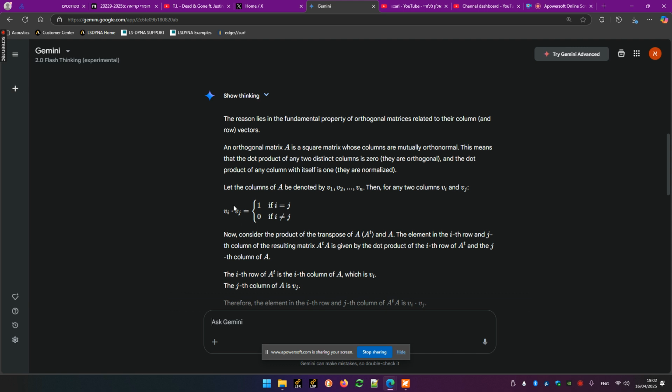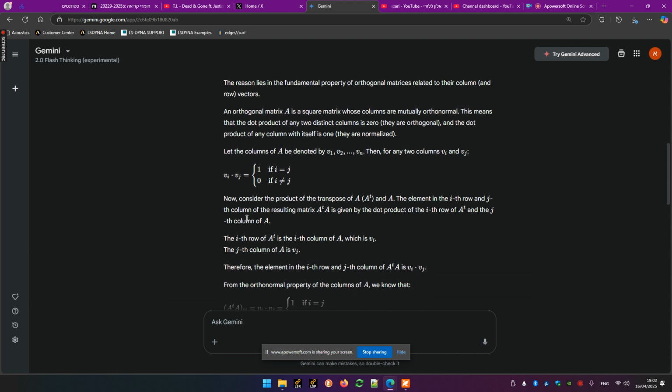And that's exactly what happens here. If I take the same vector and take the standard inner product between the two, I'll get 1. But if I take two different vectors, i not equal to j, not the same vector, I get 0 because they're orthogonal to each other. And those vectors are the columns of the matrix A. So for two columns Vi and Vj, it stands.